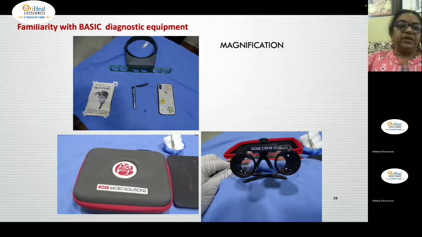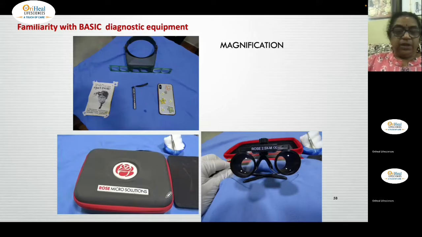Now coming to the familiarity with some diagnostic equipment. We have studied these various anatomical structures. With the naked eye, examination is going to be very difficult. That is why you need two basic things: one is illumination and another is magnification. To get magnification, you have different options. You can use a pen torch light. You can also use an optivisor like this, which provides good magnification.